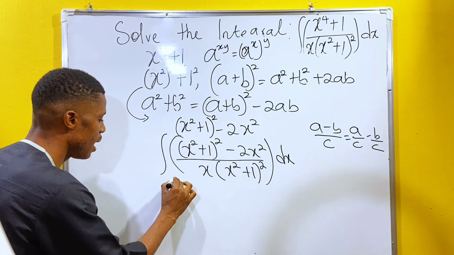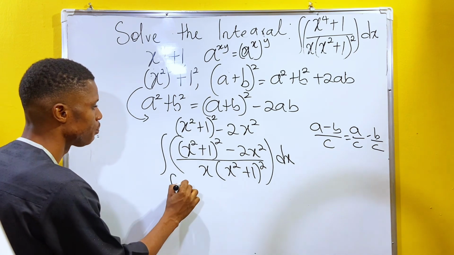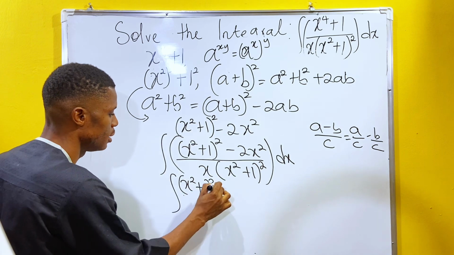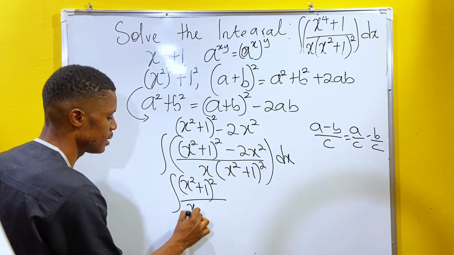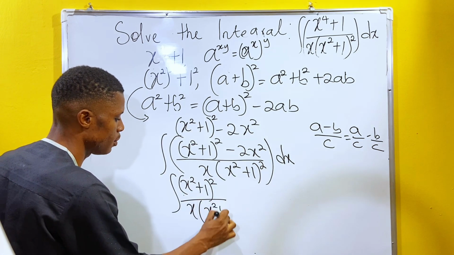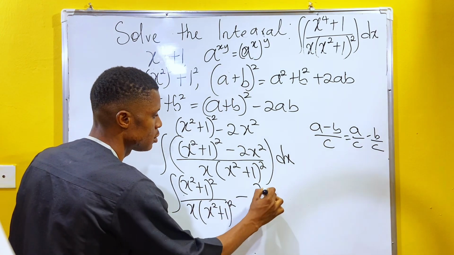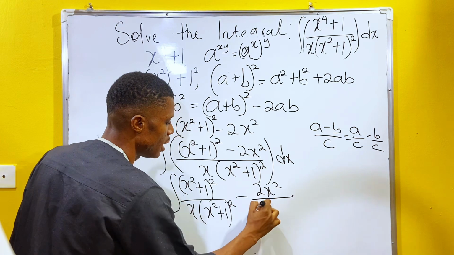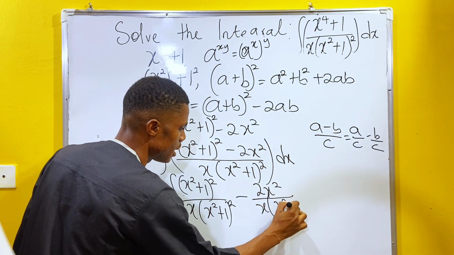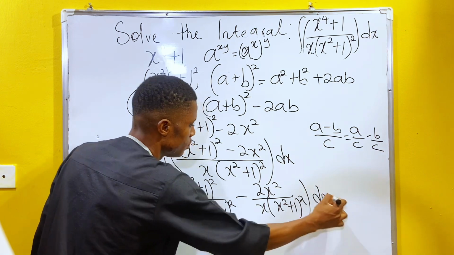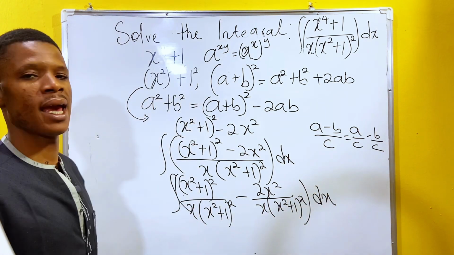So we can now have the integral of (x squared plus 1) all squared divided by x times (x squared plus 1) all squared, minus 2x squared over x times (x squared plus 1) all squared. We are integrating with respect to x.